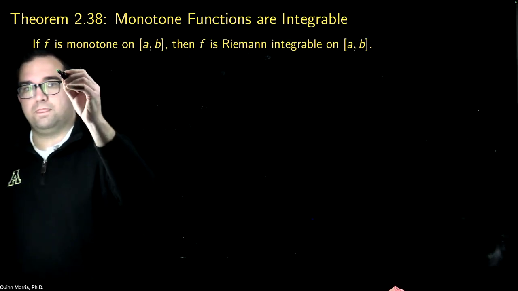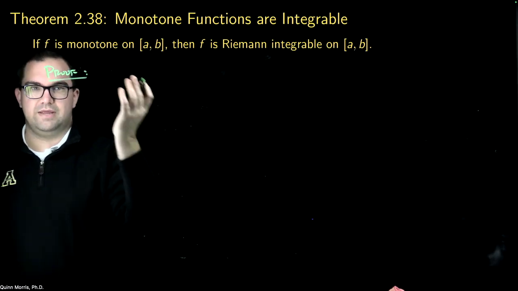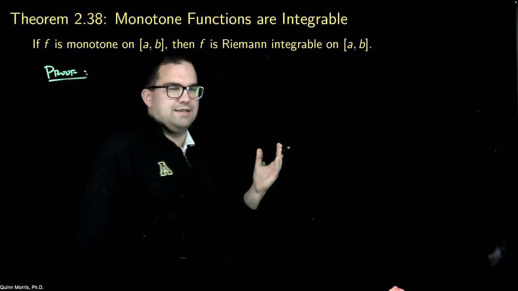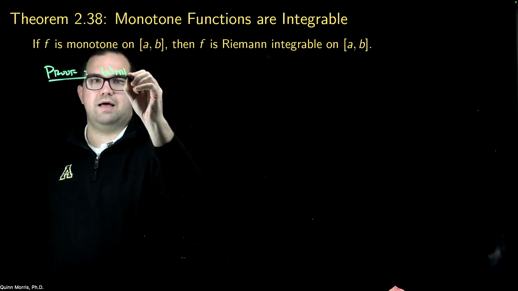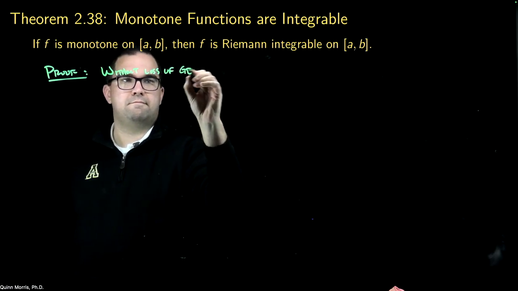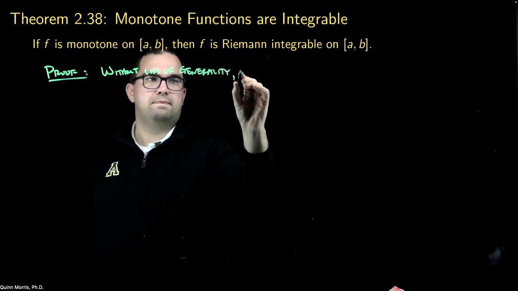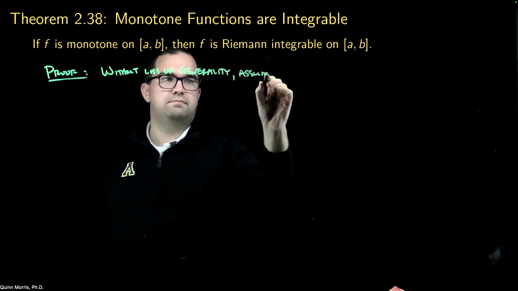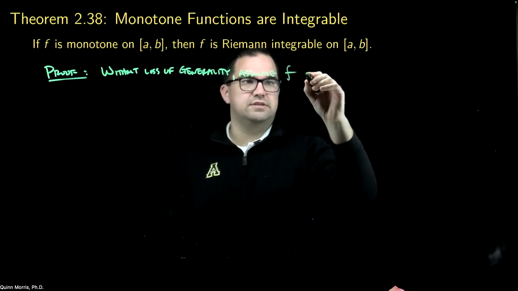So without loss of generality, I'm going to assume that my function is monotone increasing. The proof is nearly identical if it's monotone decreasing. So without loss of generality, assume that my function f is increasing on [a, b].